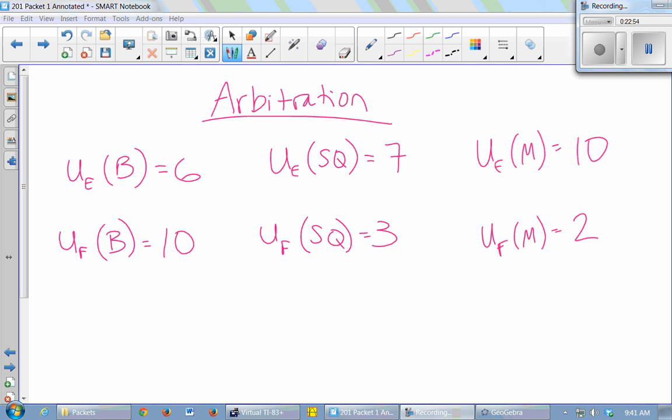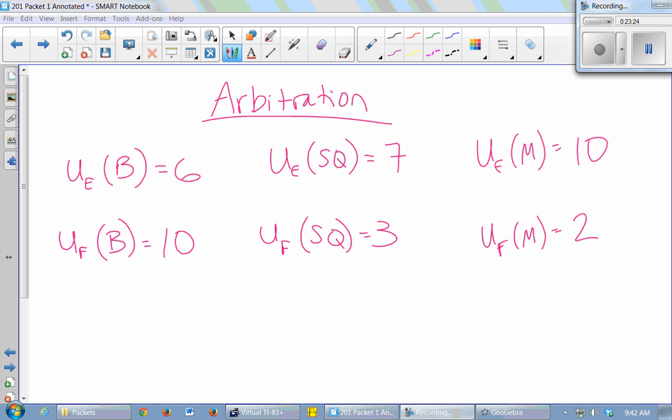So she has a 3-to-1 ratio, preferring the mountains over the beach. And if she had made her numbers 60, 70, 100, it would still be a 3-to-1 ratio, mountains over the beach. Kind of make sense?